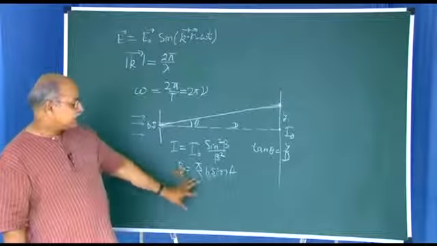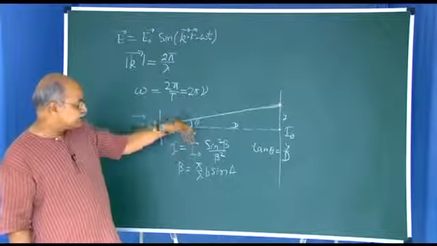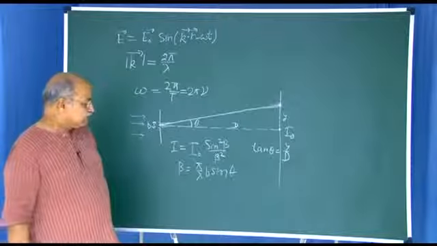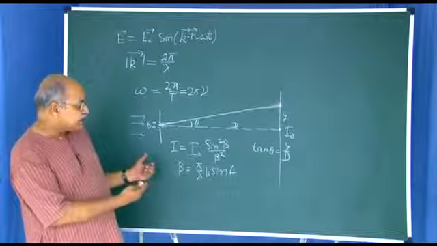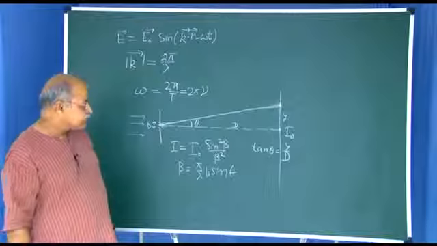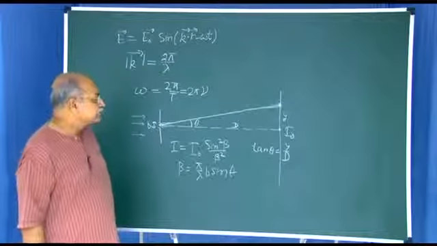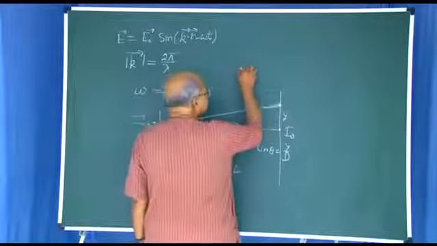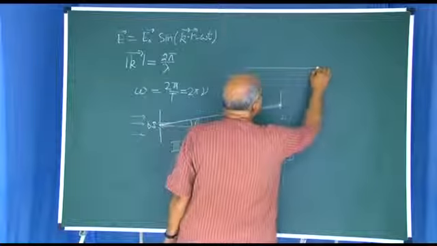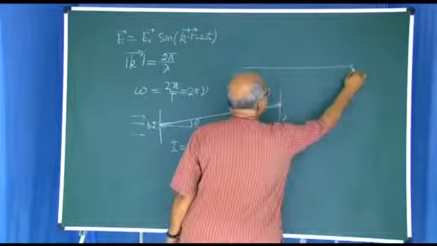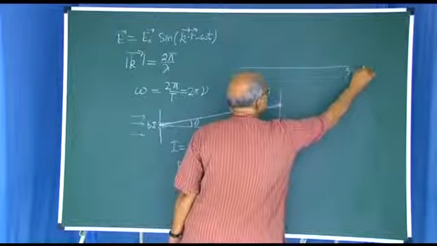With that you can calculate the intensity in terms of this I naught. But if I show graphically how the intensity varies, that graph turns out to be something like this. Now I am drawing the graph, and this side is sine theta.